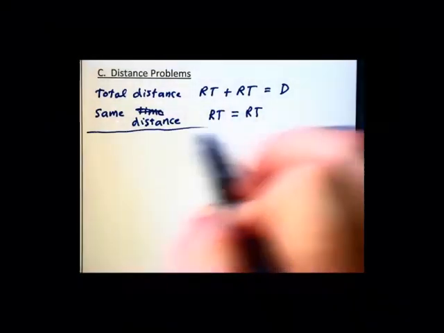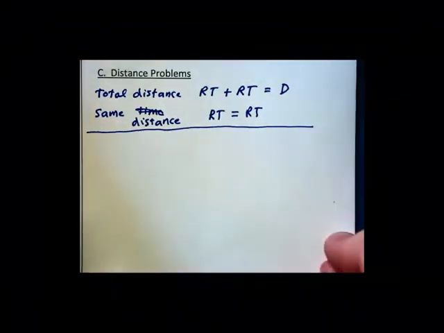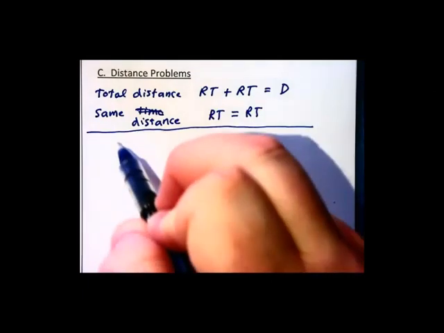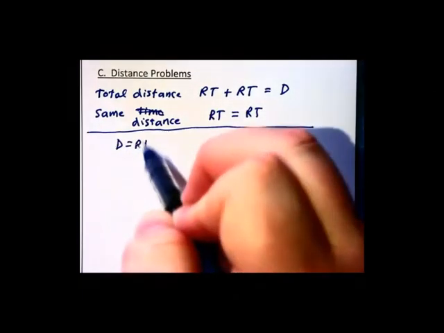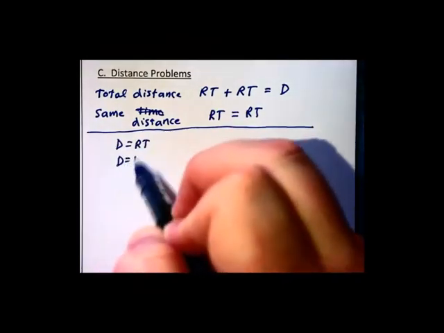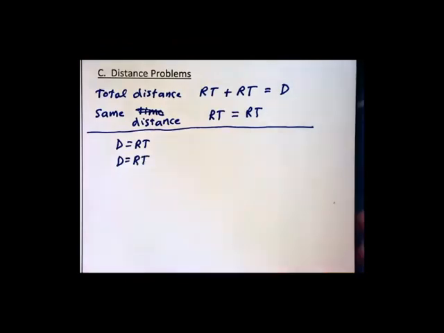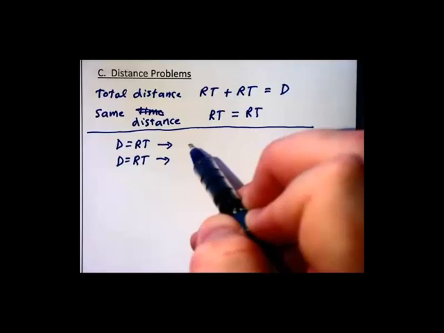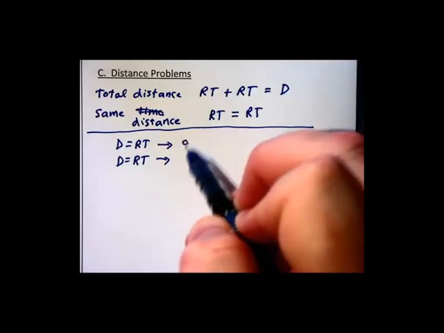We've also had some problems in which we have found the rate of both the current of a river as well as the rate of a vehicle, and we've gone distance equals rate times time for each of those boats or whatever we're dealing with. When we've substituted the numbers in, we've sometimes had something like the distance is 90 for one.